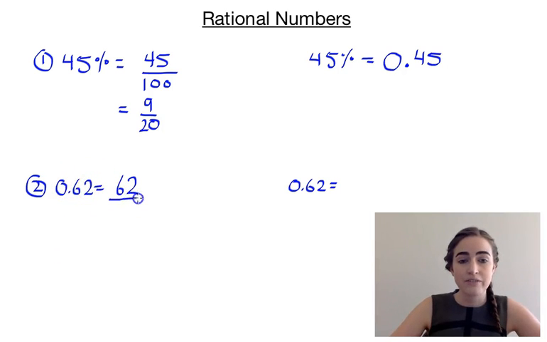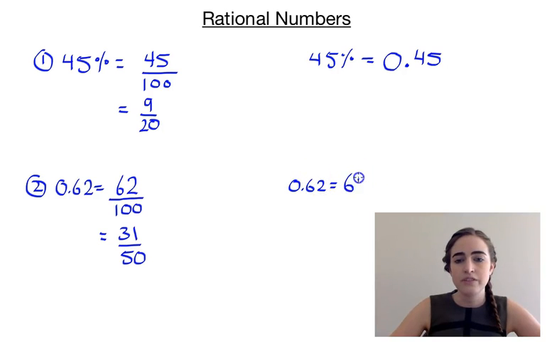So to compensate for that, we're going to divide by 100. So 0.62 is equivalent to 62 over 100. But we want to simplify that. If we divide the top and the bottom both by 2, we'll end up with 31 over 50. So that's as a fraction, but we want it as a percentage as well. Again, remembering that percentage means out of 100, so we'd have to multiply this by 100, which would give us 62%.